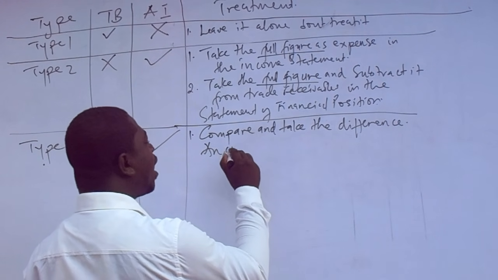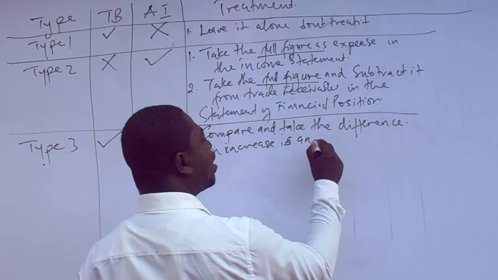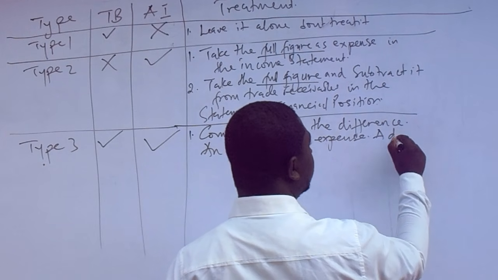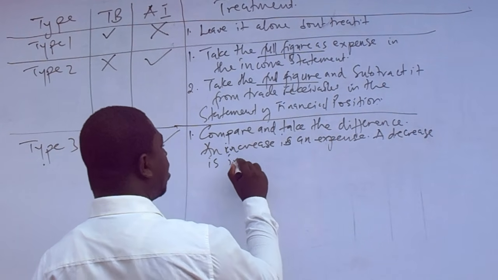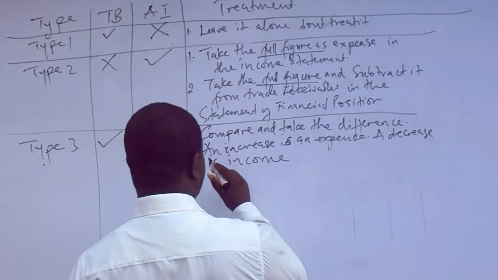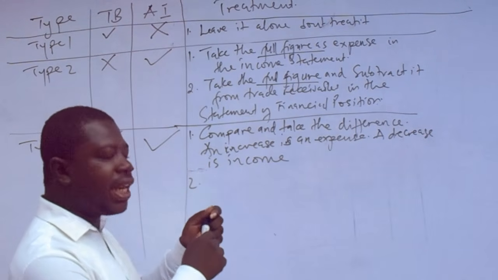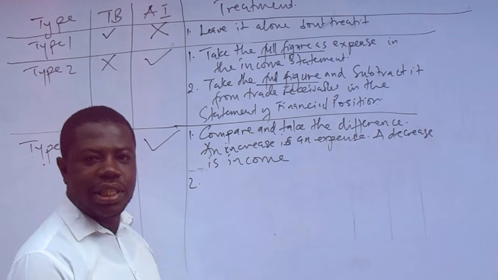Then I will say an increase is an expense, and then a decrease is income. So that is the first treatment for the type 3. We compare and take the difference, and then the increase is an expense and the decrease is income.